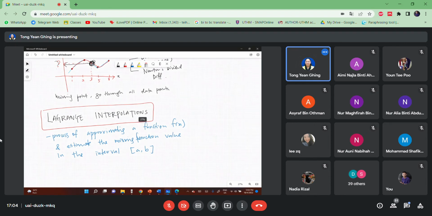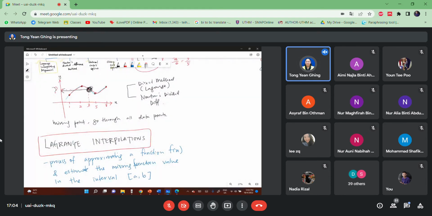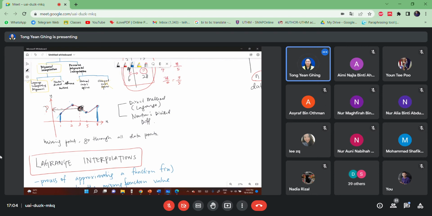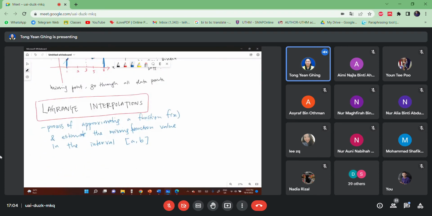So, an example here, maybe like here, from here until here. And here we have 1, 2, 3, 4 data points.